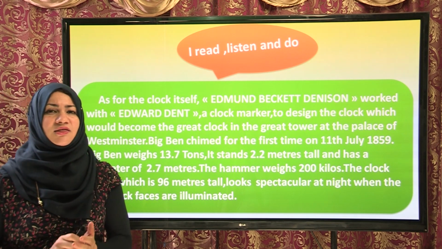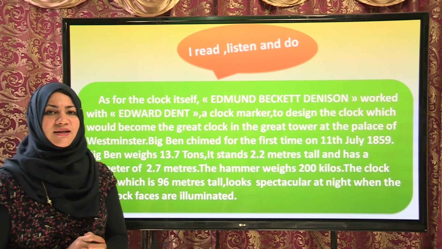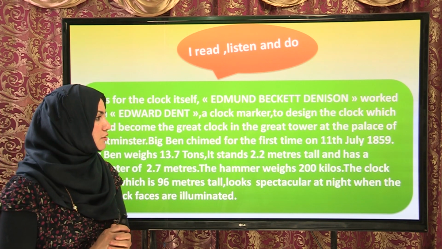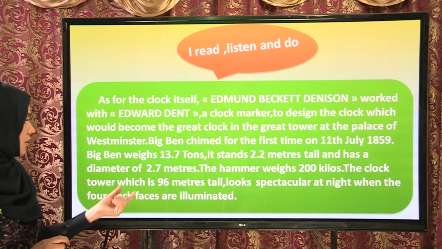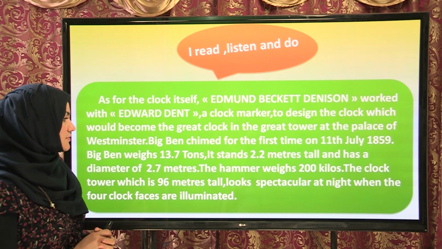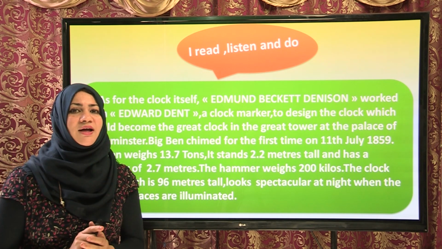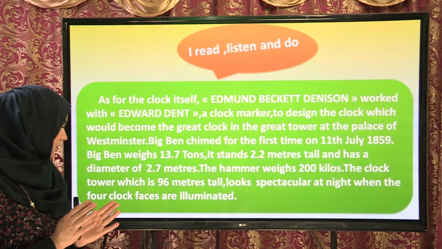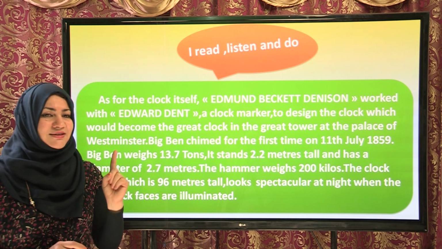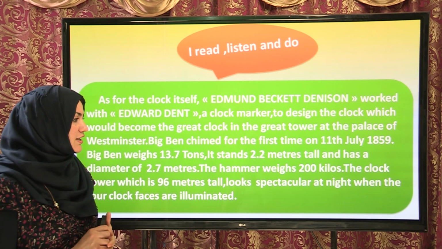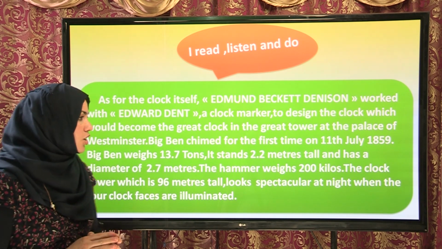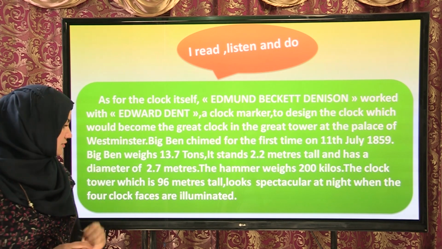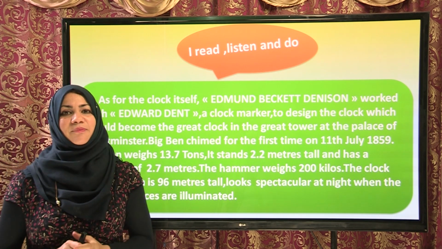Big Ben weighs 13.7 tons. It stands 2 meters tall and has a diameter of 2.7 meters. The hammer weighs 200 kilos. The clock tower, which is 96 meters tall, looks spectacular at night when the 4 clock faces are illuminated.